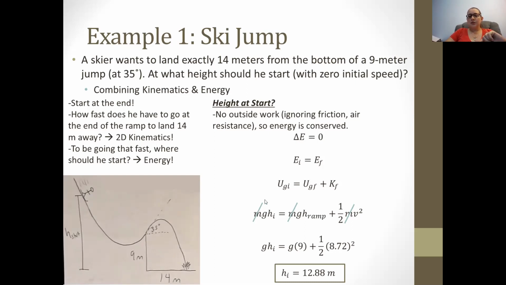But you can see in each of those terms, we have a mass, so we can cancel those out. We don't need to know how much his mass is. So g times his initial height equals g times the height of the ramp, 9 meters, plus 1/2 our velocity squared. That gives us an initial height of 12.88 meters.